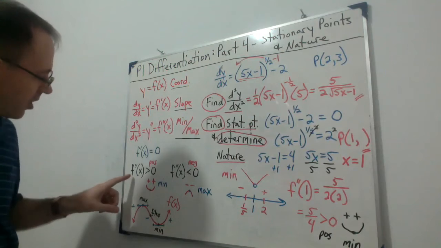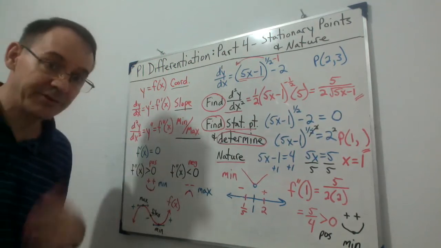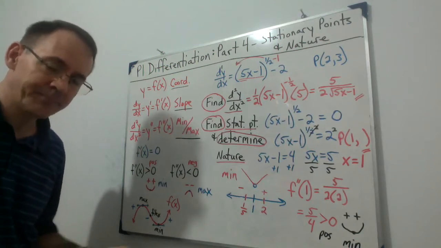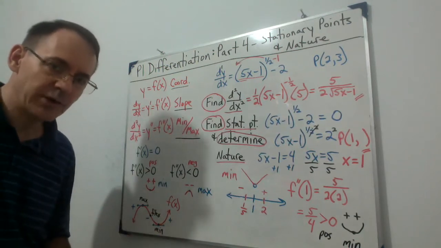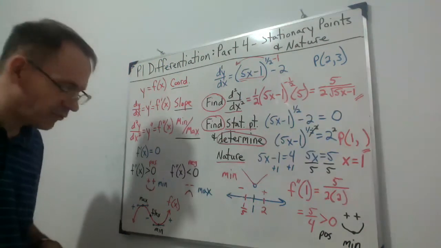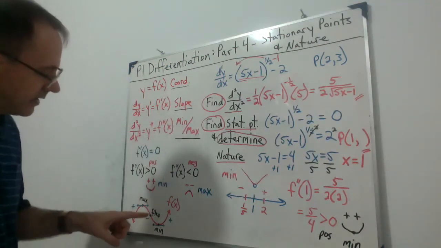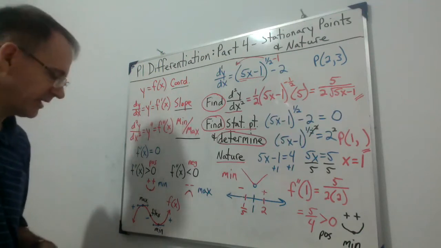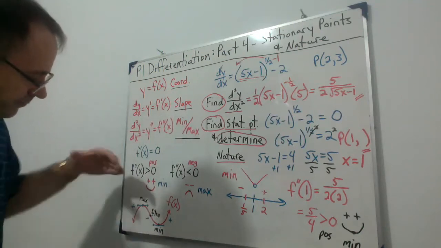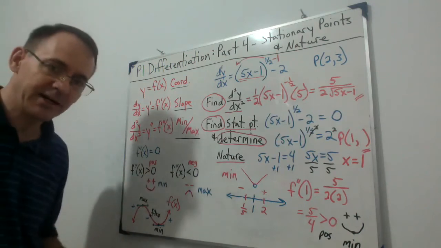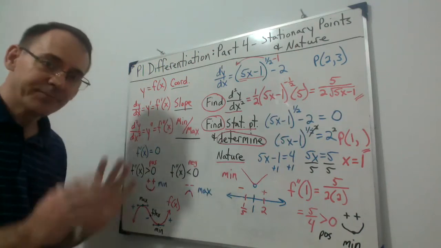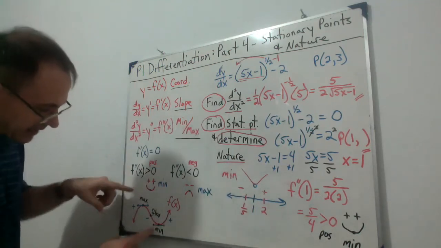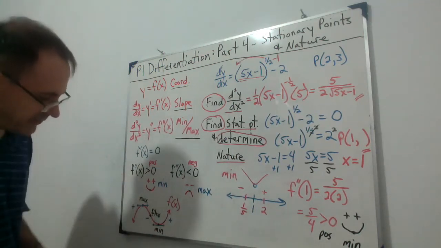If you were to solve for where the second derivative equals 0, it would give you the location of the flex point. Cambridge doesn't ask those questions, so you don't really need to know that, but it is an important feature in graphs. That's for free. You don't really need it, but you do need to understand maximum and minimum, concave down, concave up.